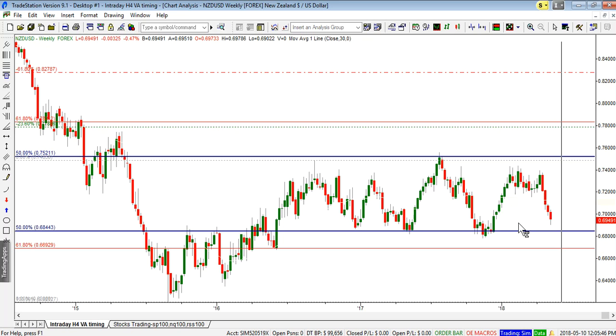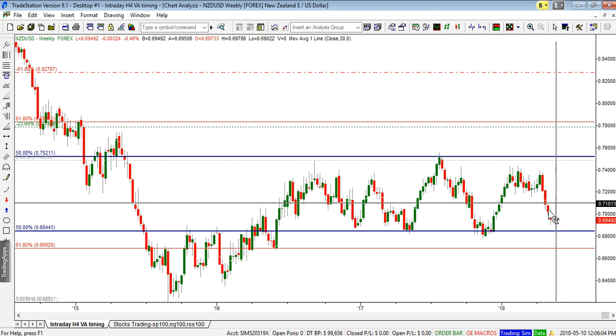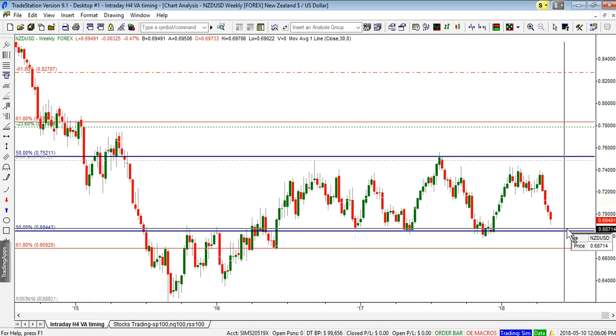Now, here the point is, eventually this market will put in a reaction, and the question for me these days has been whether that reaction is going to come before or after hitting the 68.55. All right, so that's the question, and my targets are at 68.55 here.